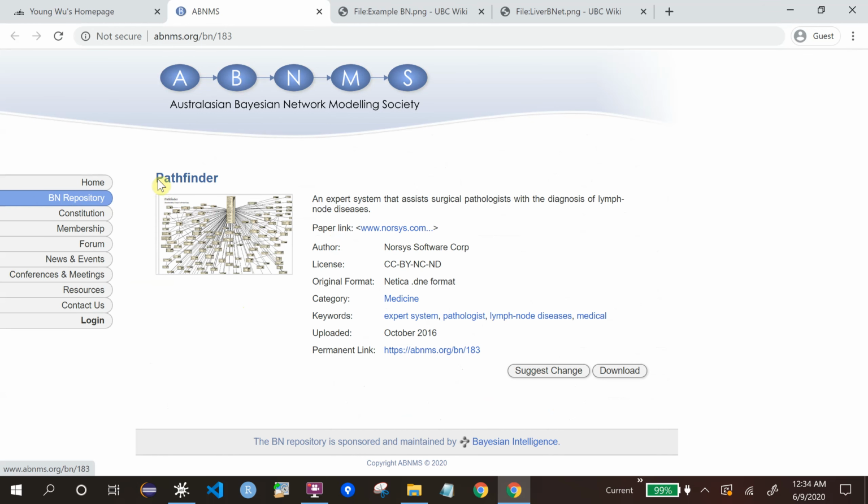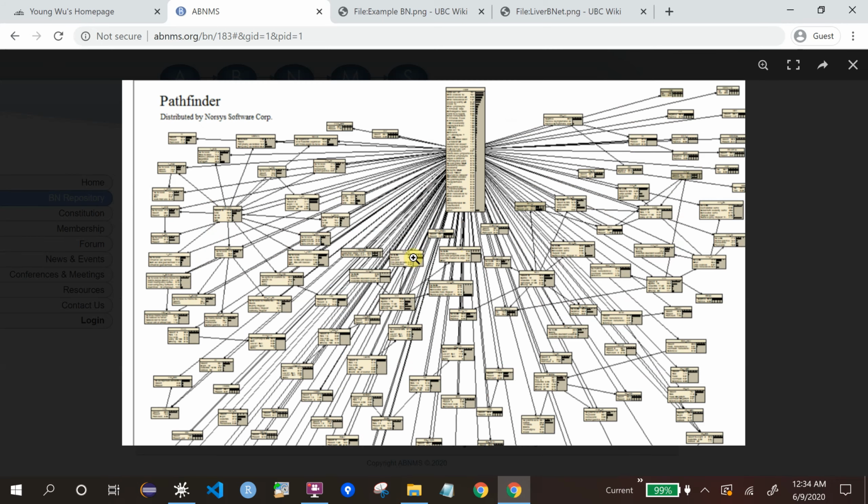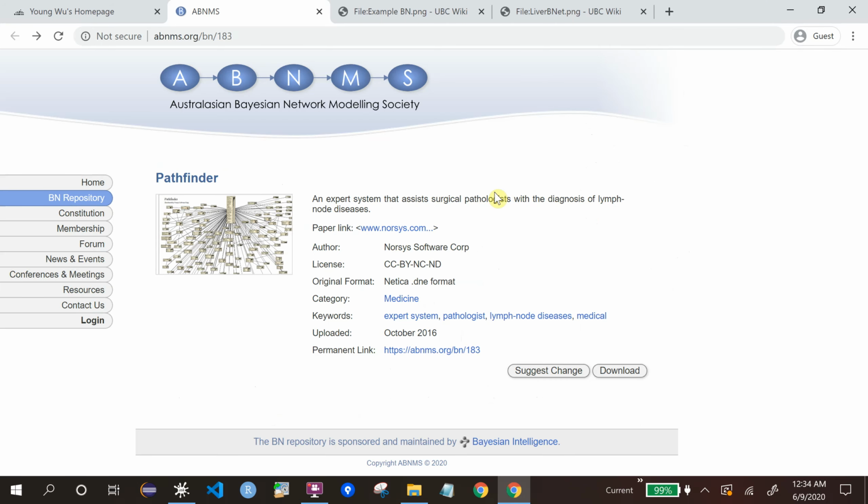It's called the Pathfinder, and the Pathfinder is just one Bayesian network. In here, there are lots and lots of other ones. I can't even see the variables, but it's related to some medical diagnosis as well. So there are large Bayesian networks built for specific problems.